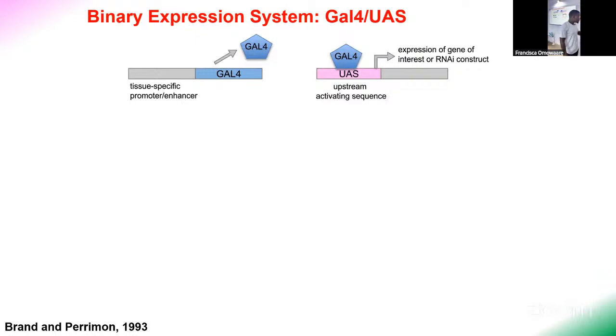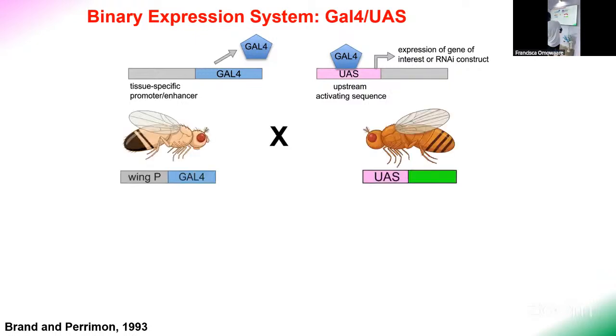So now, for example, you've got flies that have this promoter that is specific for the wing, tagged to GAL4. Ideally, when you're working with the GAL4-UAS system, you want your GAL4 to be in a separate population of flies, and then you want your UAS to be in a separate population of flies.